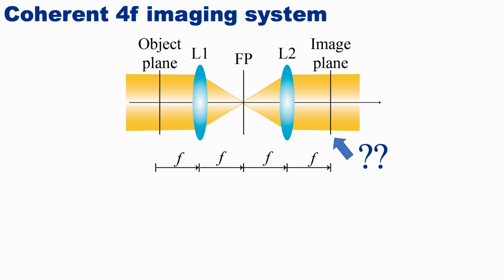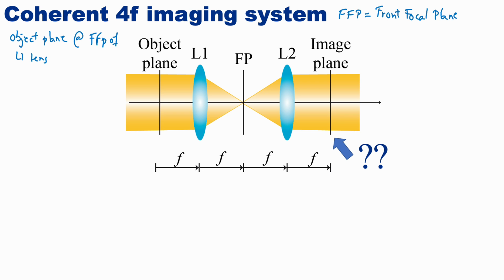So what about the coherent 4F system? The 4F system has two lenses. Originally, it's a 4F system because the distance between the input and the output is 4F, so both lenses have the same focal length. So the object plane is at the front focal plane of the L1 lens. So remember, FFP is going to be front focal plane.